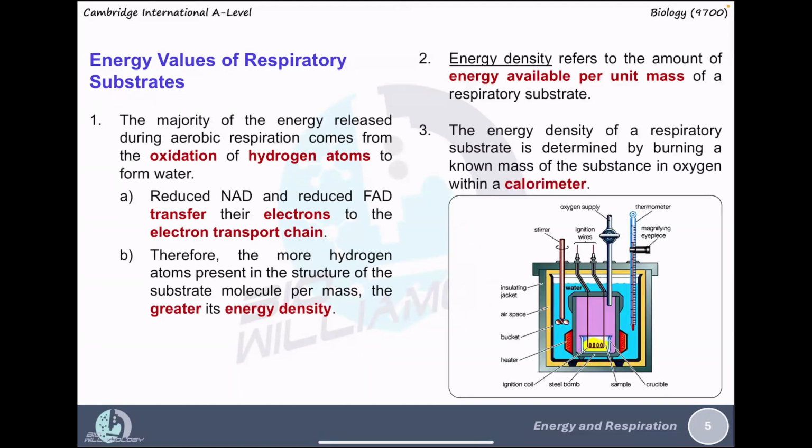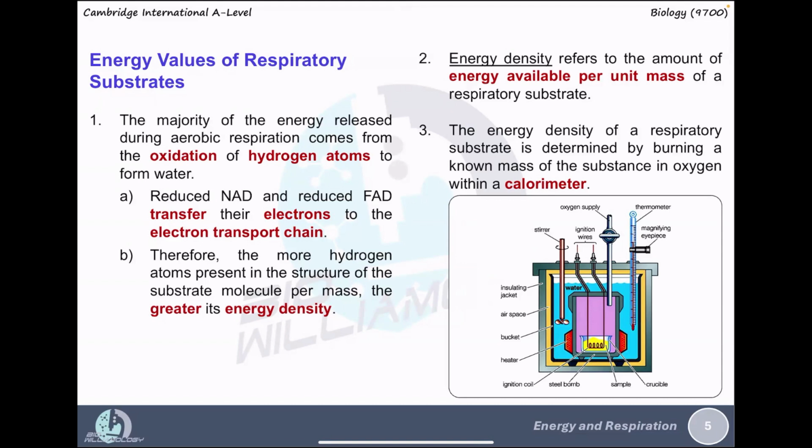The energy density of a respiratory substrate is determined by burning a known mass of a substance in oxygen within a calorimeter. Be careful with the spelling of calorimeter; don't confuse it with the colorimeter we learned about in our AS topic.